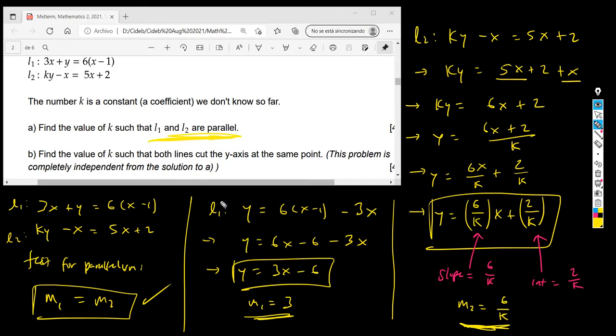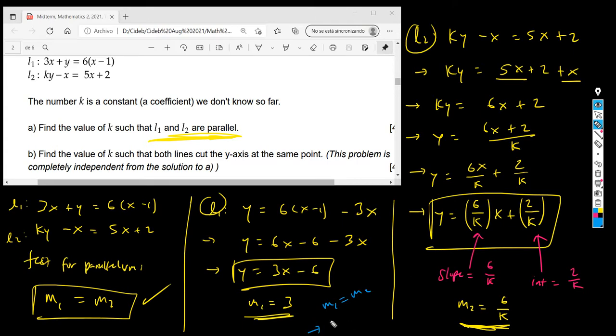If I want these two lines to be parallel, then I must have that M1 equals M2. What is M1? M1 is 3. What is M2? M2 is equal to 6 over k. So if I want these two lines to be parallel, I should be having 3 equals 6 over k.